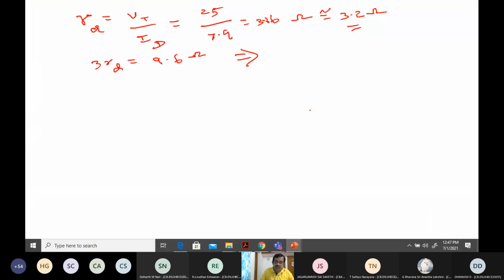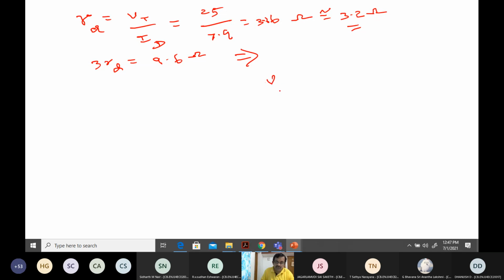So we have got this value. Now what do I have to understand? How much voltage will appear as a result of that plus minus 10% variation.